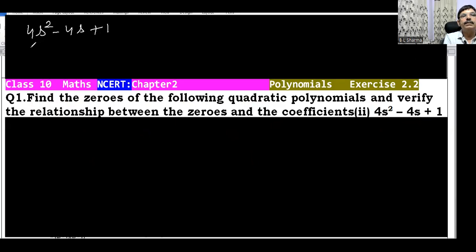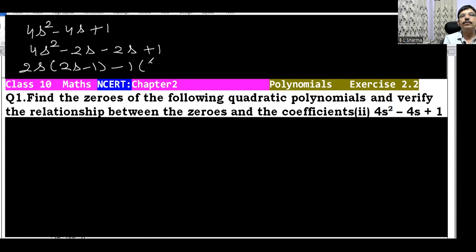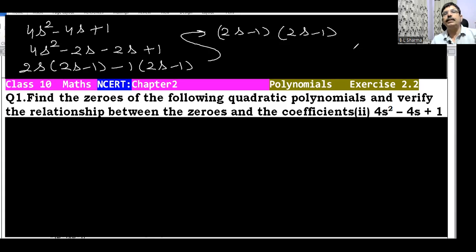We know that it is 2s minus 1 whole square, or you can write minus 2s minus 2s plus 1 by splitting the middle term. Taking 2s common, 2s minus 1, taking 1 common, 2s minus 1. Further taking 2s minus 1 common, we get 2s minus 1 and 2s minus 1. There are two linear factors. To get the zeros, put each factor equal to 0.